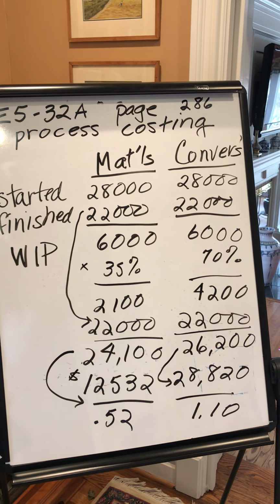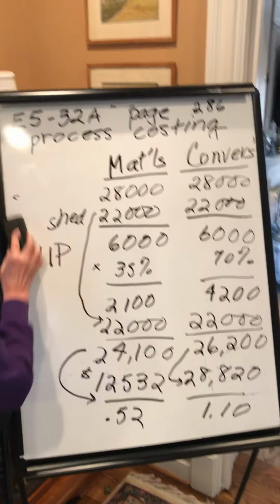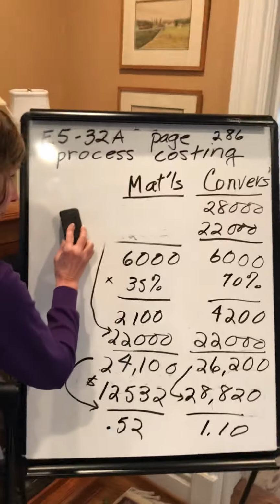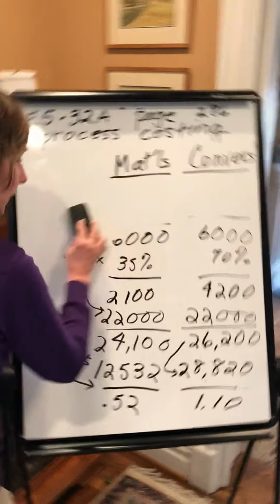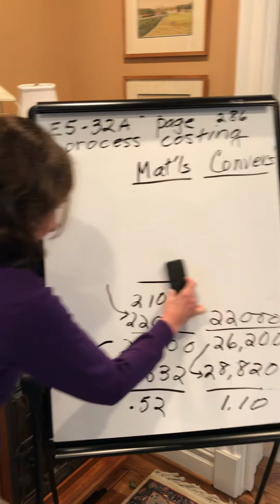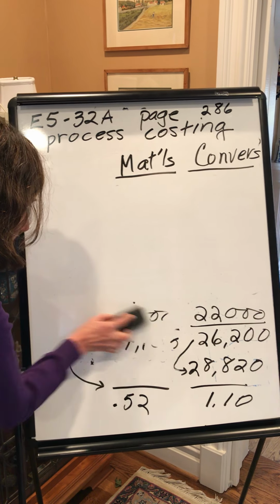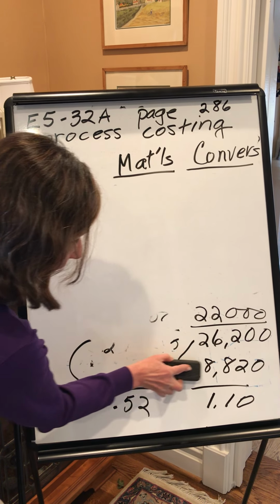So I'm going to erase a bunch of this to give us a little bit more room. So remember the 22,000, and I'm actually going to erase everything except for that. The money, the per item.